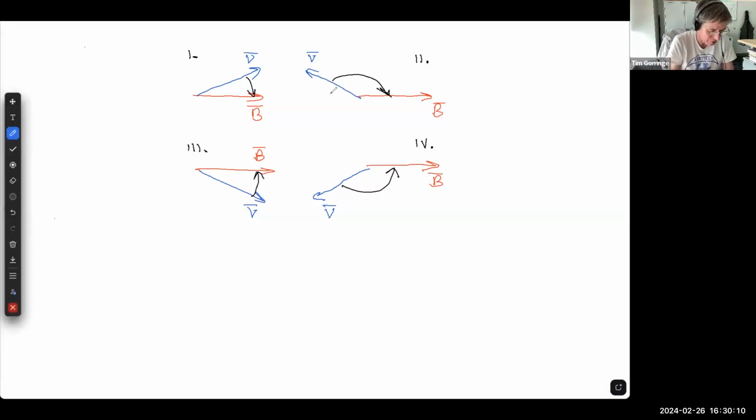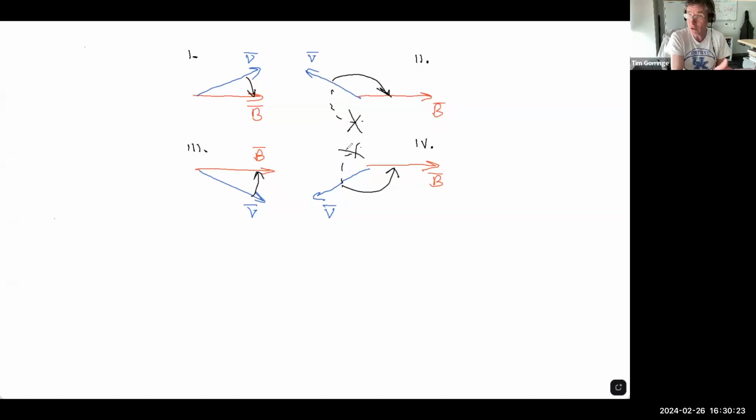I would not try to curl them the other way around. Trying to go this way around, no. Trying to go this way around, no. That's because if you go those ways around, you're going away from the magnetic field vector. You're not going towards the magnetic field vector, so that's not the right way to go.